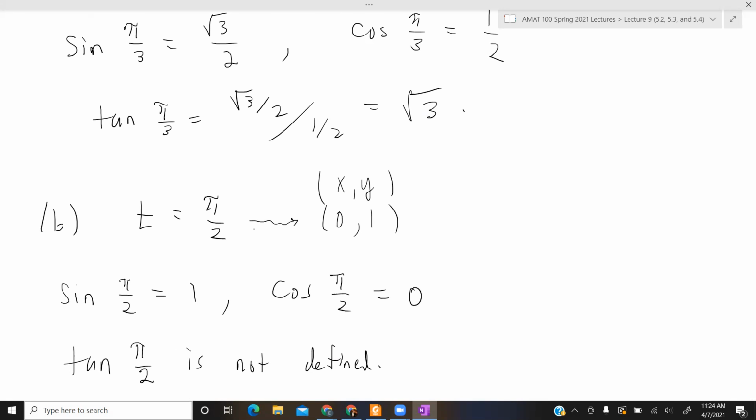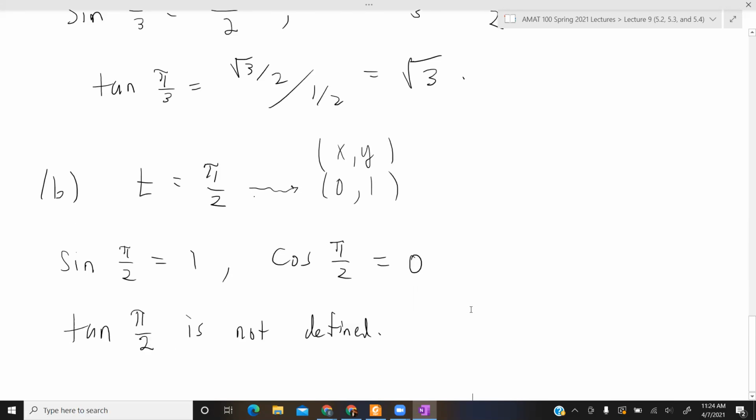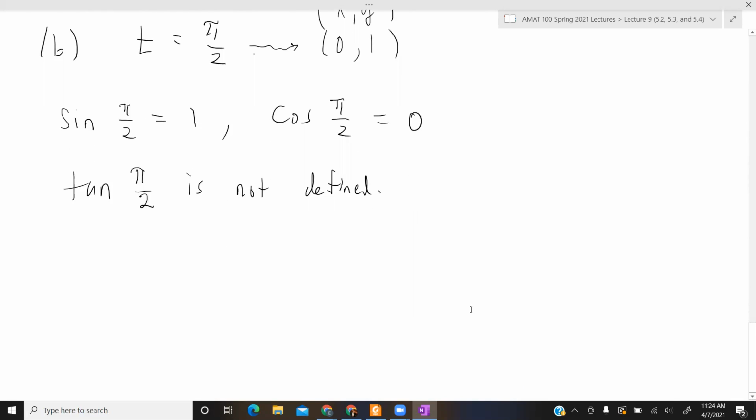There's no way of extending tan to values like pi over 2. So we just have those two values. However, cotangent will be defined because it will be x over y, and so we can divide by y, because y is non-zero.